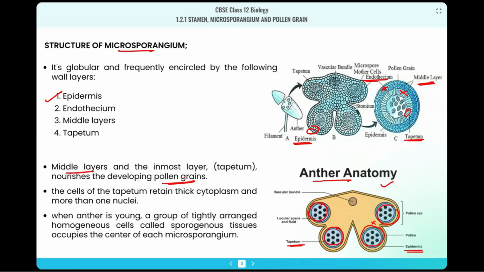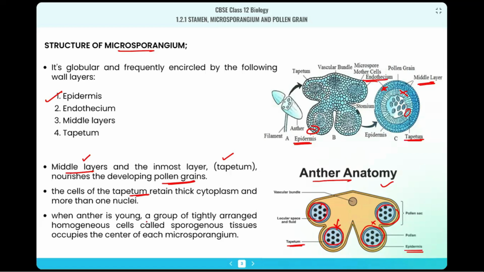Which among the following layers or parts of the microsporangium nourishes the developing microspores, or we can say the pollen grains? The answer is the middle layers and the innermost layer, that is the tapetum. The cells of the tapetum retain thick cytoplasm, you can see here, and more than one nucleus. So they have a greater number of nuclei.